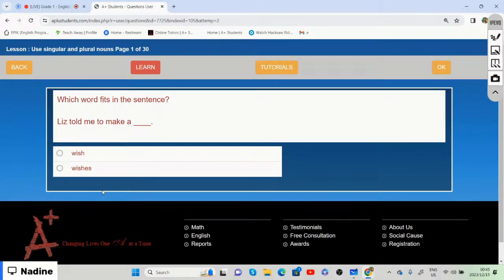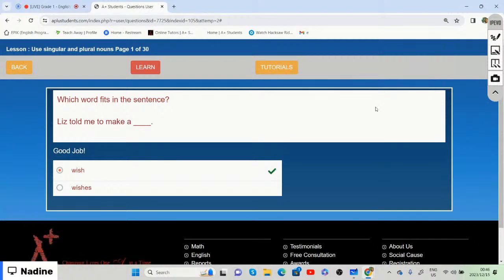And we're looking specifically at the word a. All right, so we can say a wish, right? Because a refers to one wish only.